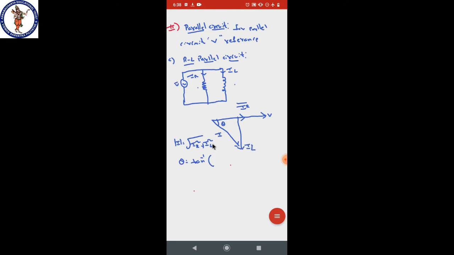What is the imaginary part? The inductive current IL is imaginary, and the real part is IR. What is the power factor? Cos theta equals IR by I. It will be a lagging power factor because of the inductor.